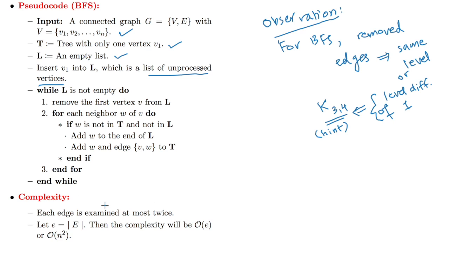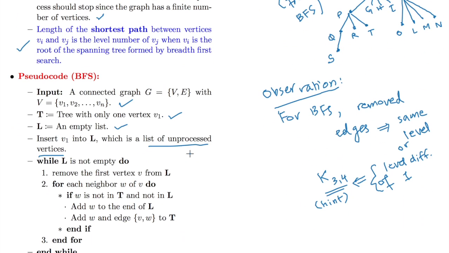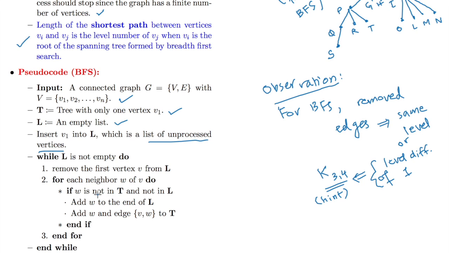As in DFS, we examine each edge at most twice: once when we actually add it, and once when we check, for each neighbor W, whether W is not in T and not in L. For that we have to check the edge.